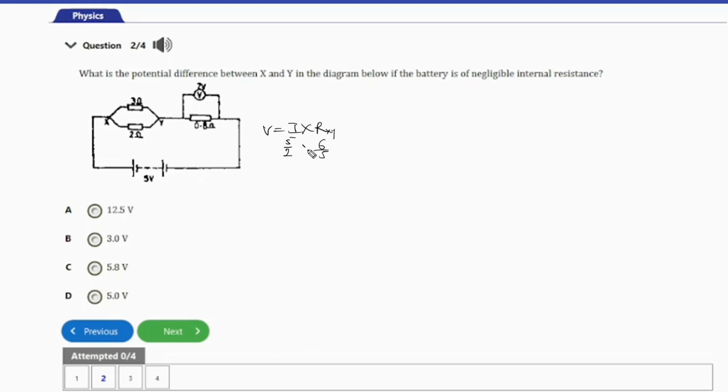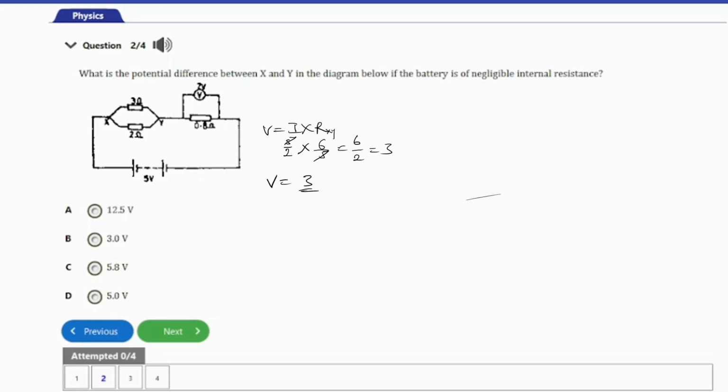So in that case, we can multiply 5 over 2 by 6 over 5, and we can cancel out 5, and then we have 6 over 2, which is 3. So guys, the potential difference across X and Y here is 3 volts, and that's option B here.